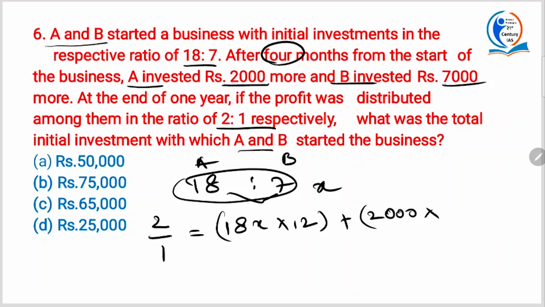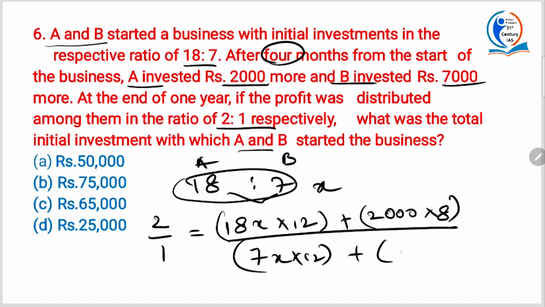After 4 months it started, which means it was invested for 8 more months. By 7x into 12 plus 7000 into 8.